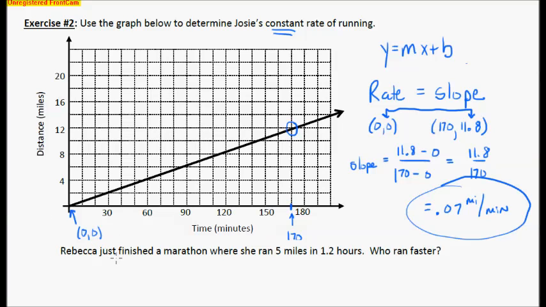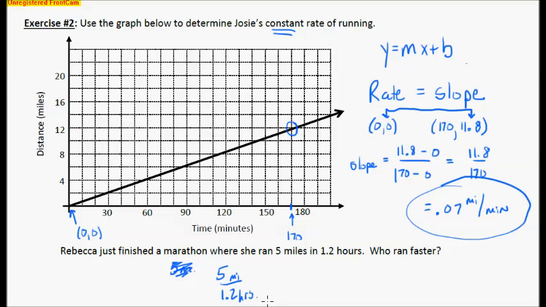The next part says, Rebecca just finished a marathon where she ran 5 miles in 1.2 hours. So I'm going to do the same thing and figure out her constant rate. I'm going to put 5 miles over 1.2 hours.